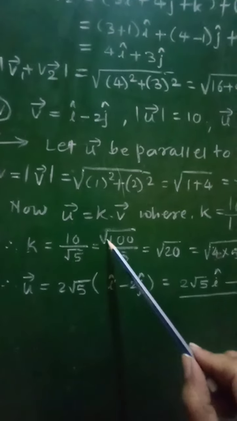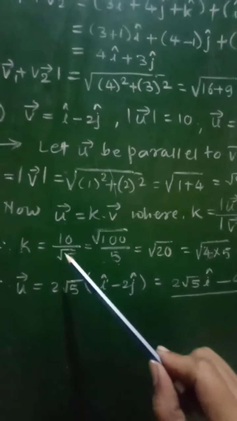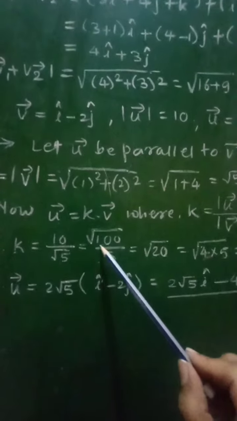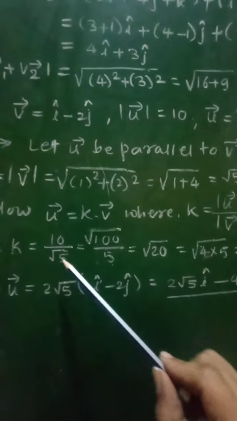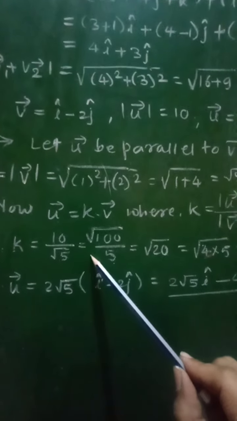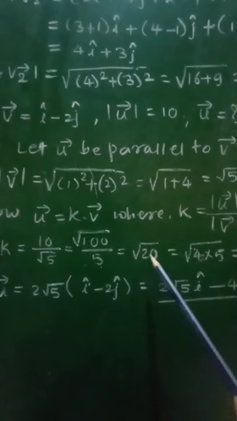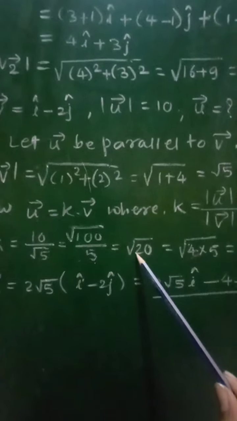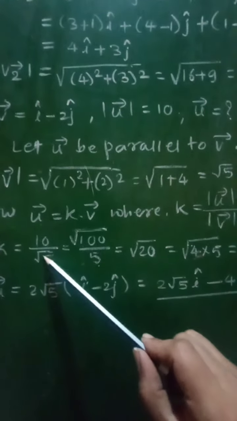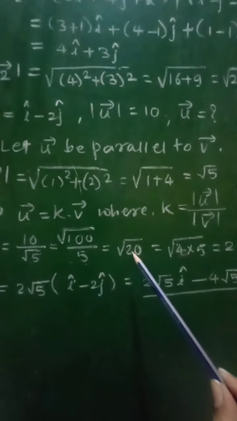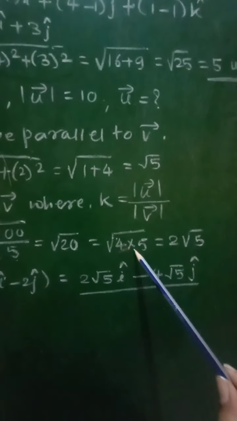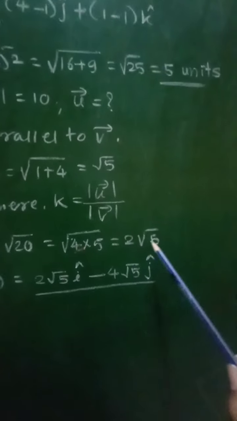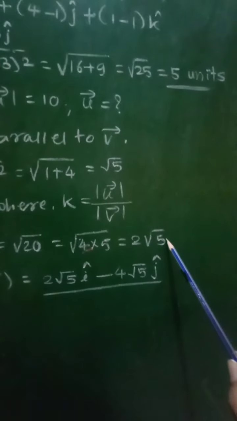Taking this 10 under root, it will become 100, and therefore this will be written as root of 100 upon 5, that means we have taken its square, which comes out to be square root of 20. We get root of 20 equal to square root of 4 into 5, that will be equal to 2 root 5.